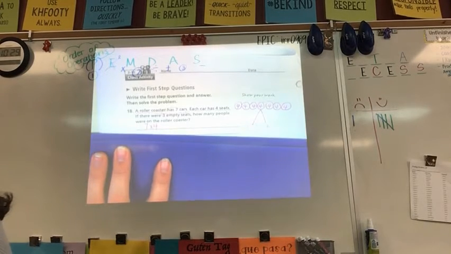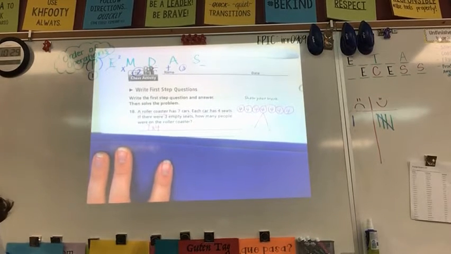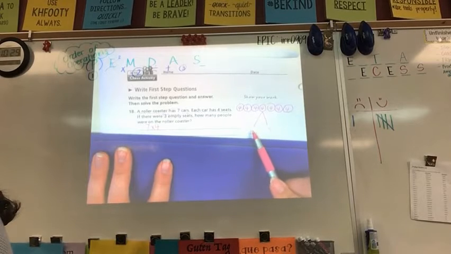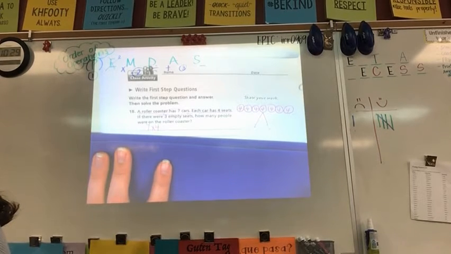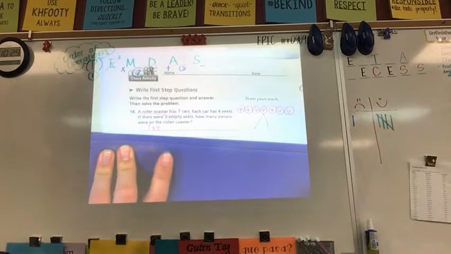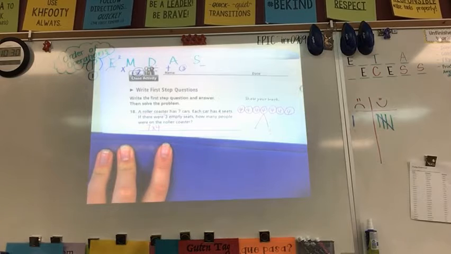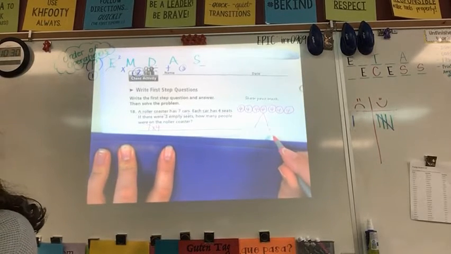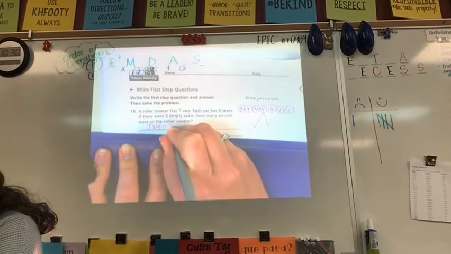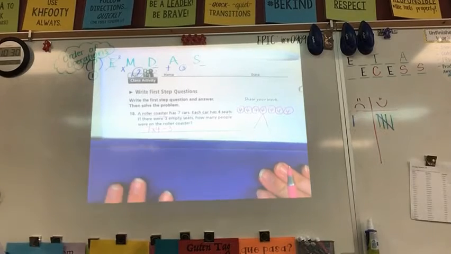How many people were on it? So out of all these seats, there were a bunch of people on the roller coaster and there were 3 empties. How would I represent that part of my equation? Skylar. Minus 3. Minus 3 to get rid of those 3 empty ones to figure out how many people there were.